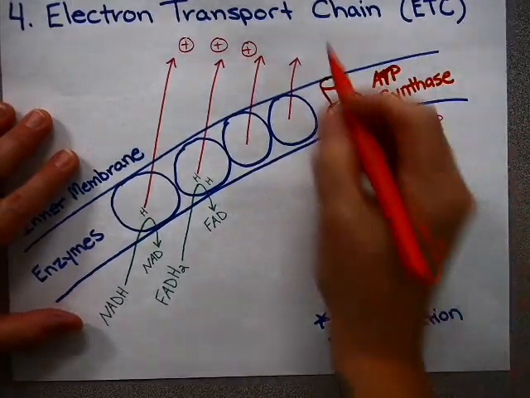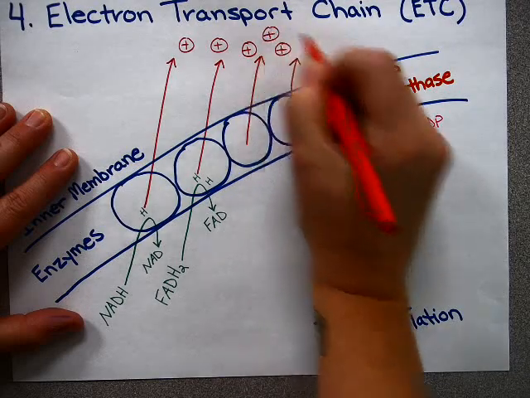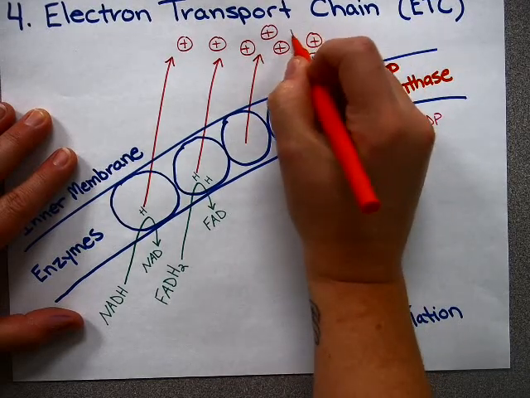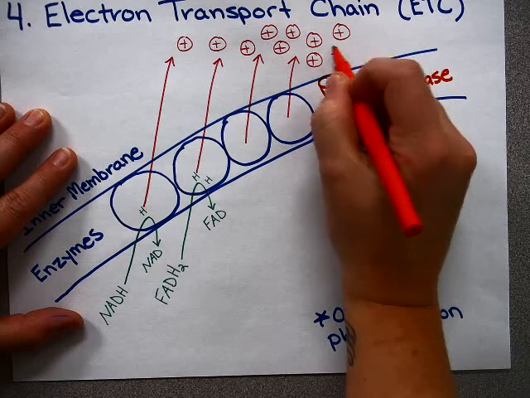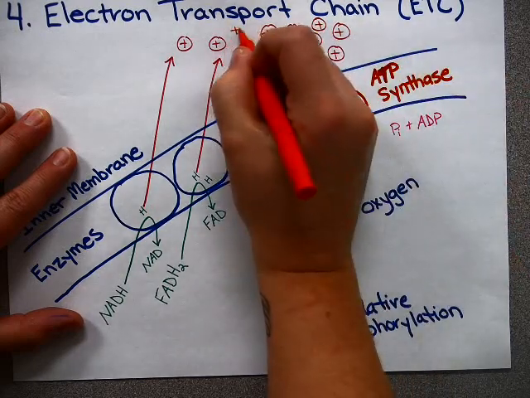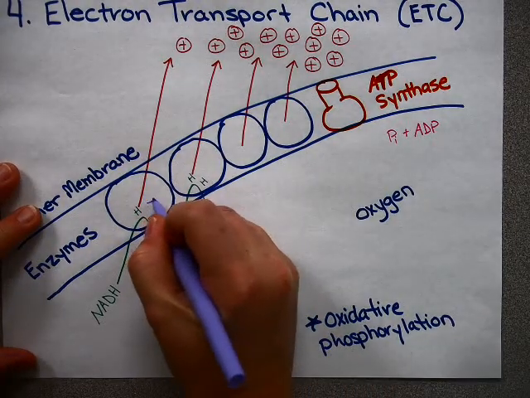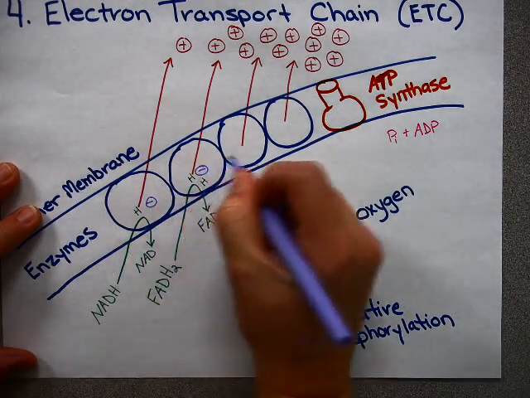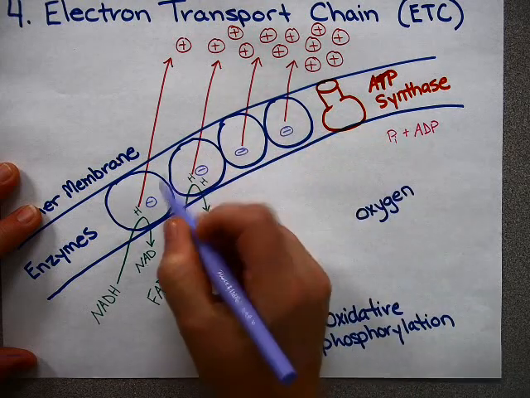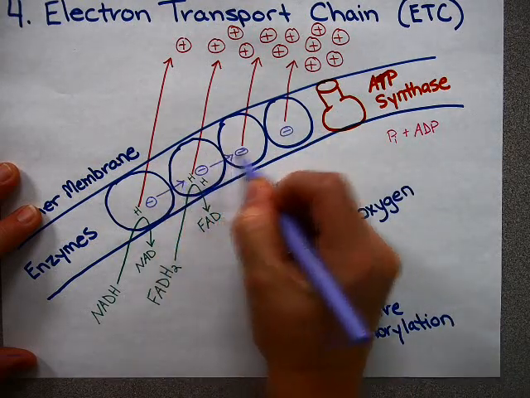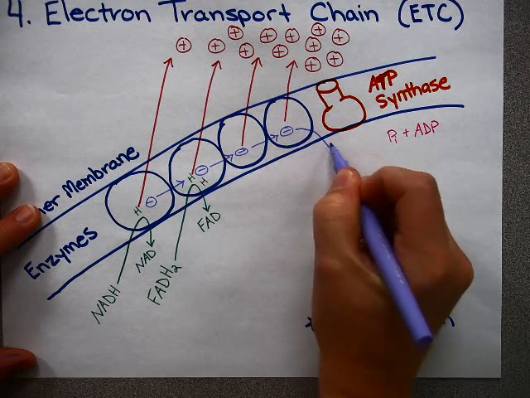Remember, protons come from hydrogen. Make an area that's very concentrated with protons. Those enzymes can pump those up there. Meanwhile, the electrons that we get from all of this, we're going to pump this way. We're going to pump those down here.